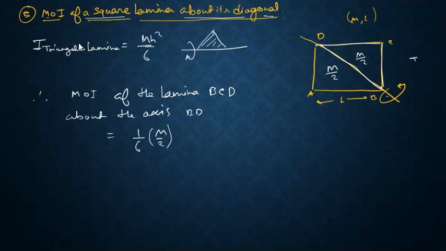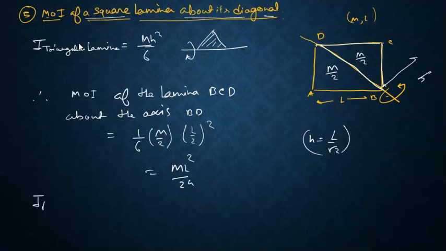h is this height, and we can easily find h, that is h equals L by root 2. We all know, so L by root 2 whole square, and that is equal to ml square by 24.